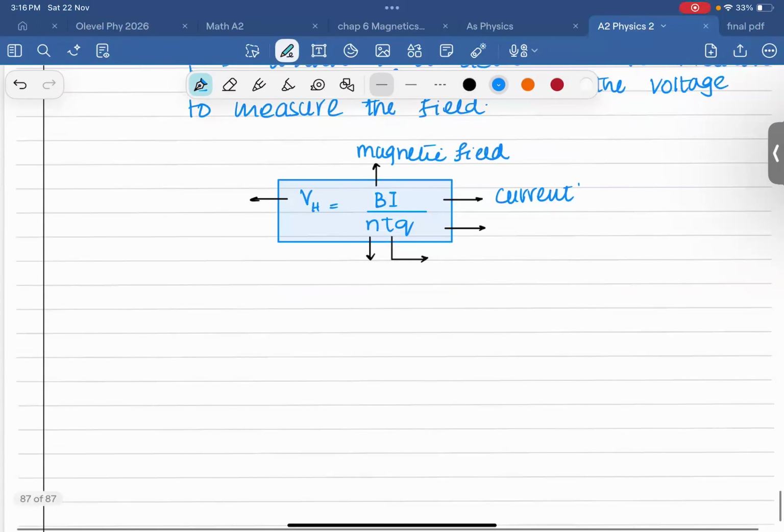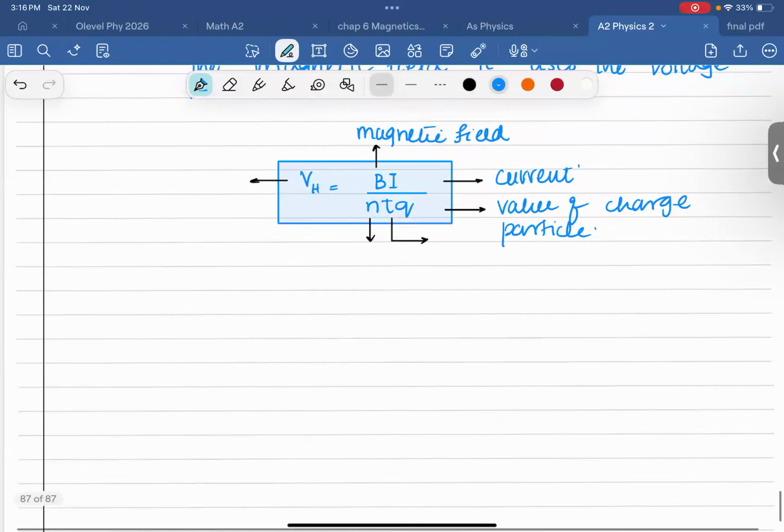Q is the charge of the particle, which is most of the time 1.6 times 10 to the power negative 19 coulombs.